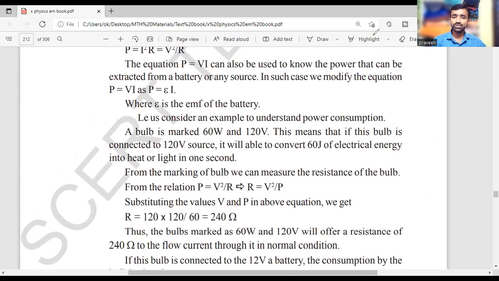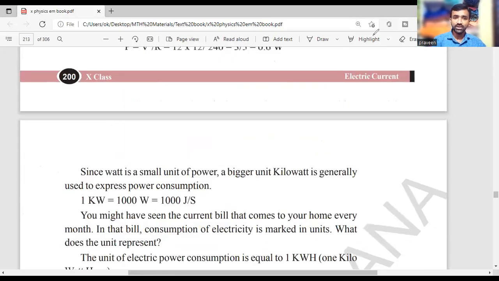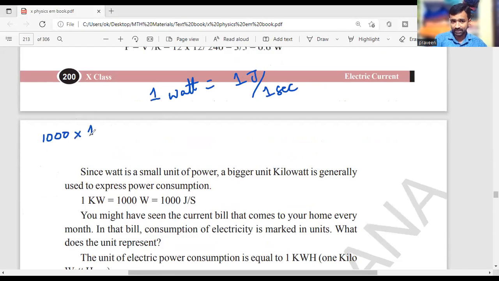Watts are smaller units, so that small unit we can convert into kilowatts. We know 1 watt is equal to 1 joule per 1 second. On either side I am multiplying by 1000: 1000 into 1 watt is equal to 1000 into 1 joule per second.